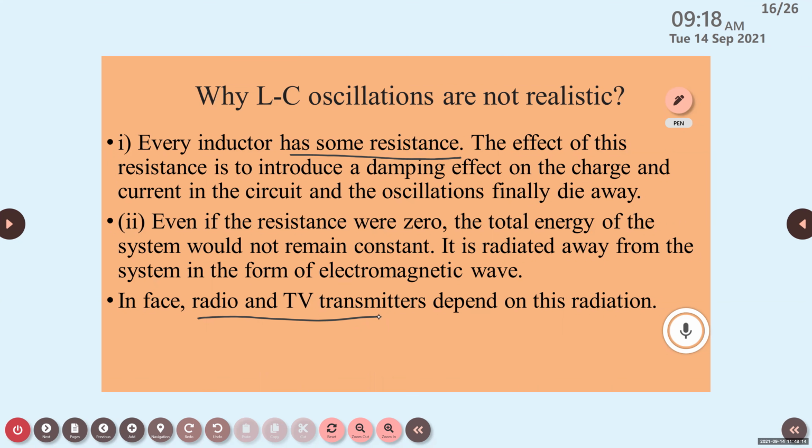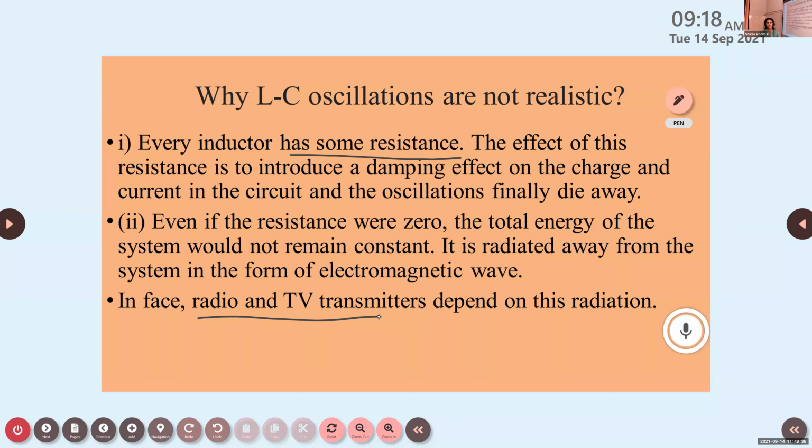We can explain the continuous back and forth oscillation between the inductor and the capacitor, but in the real case there is some resistance possessed by the inductor. As a result, it causes a damping effect on the circuit, and the oscillation finally dies away. It is not a continuous process.